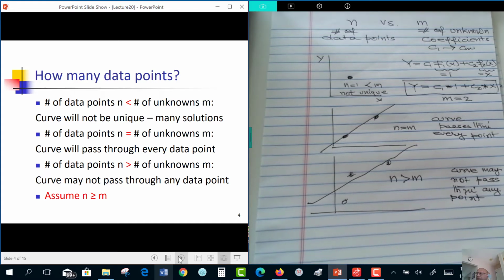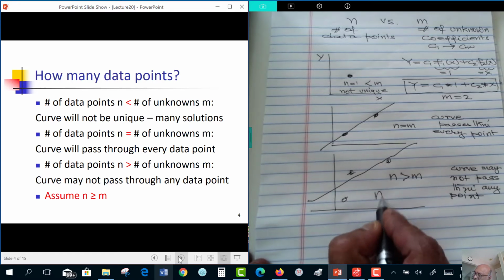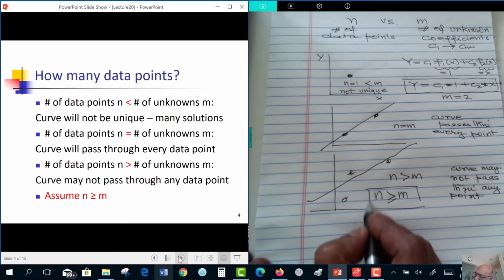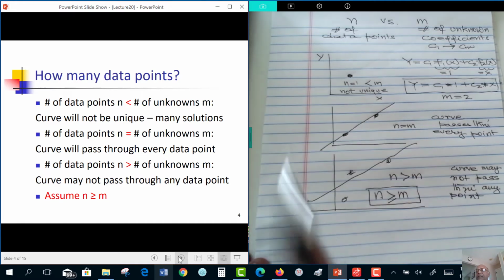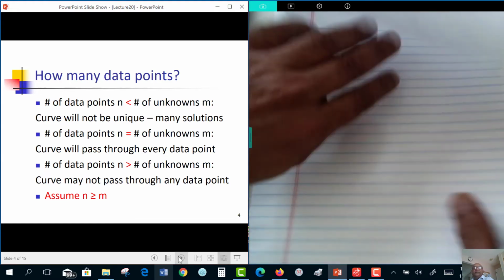Right? So our key idea is therefore that n should be greater than or equal to m. It cannot be less than m, because otherwise our result would not be unique.